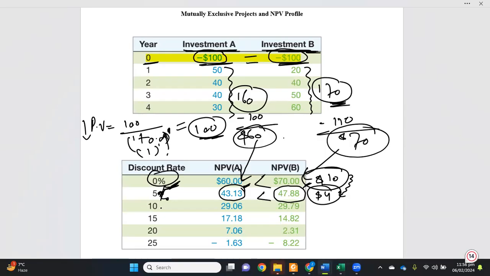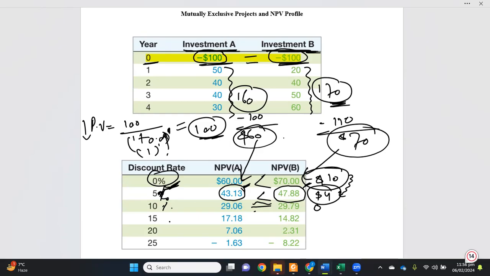When we increase the discount rate to 10%, the difference becomes almost negligible. These two are almost equal, 29.06 and 29.79. NPV of Project B is very slightly higher than NPV of Project A, so the difference turns to almost zero.